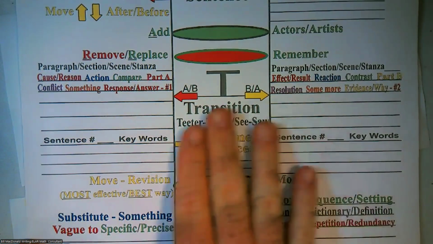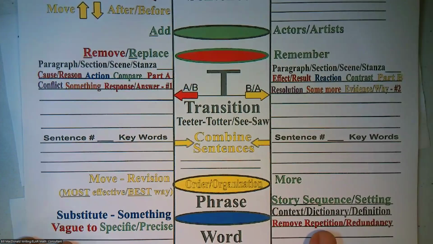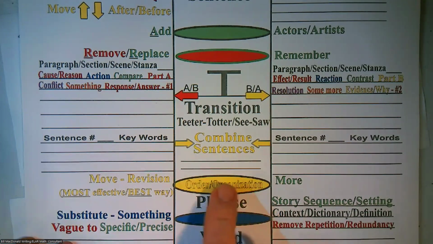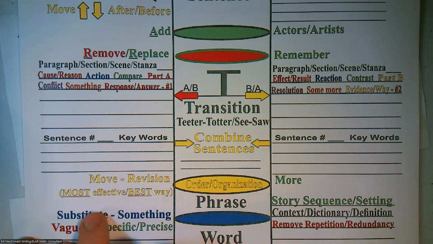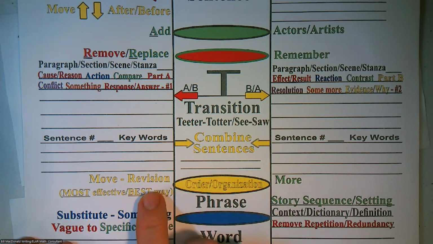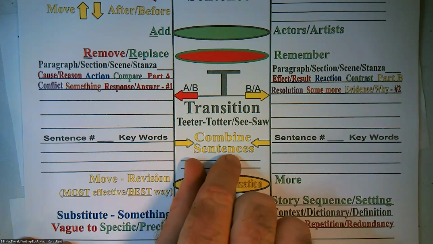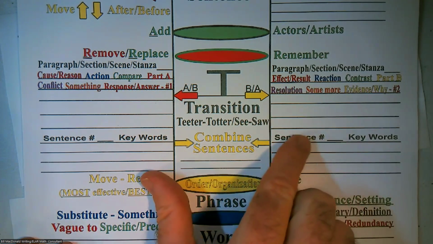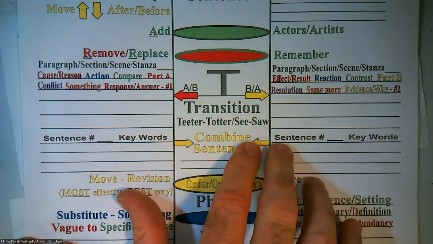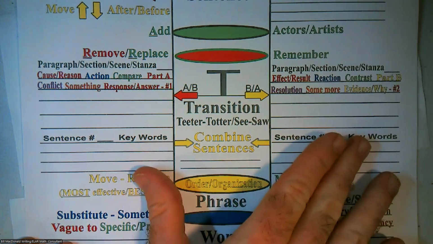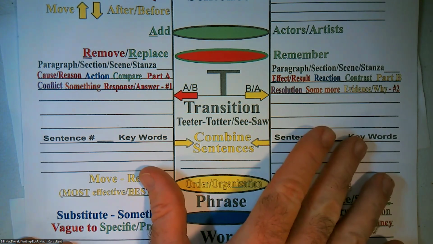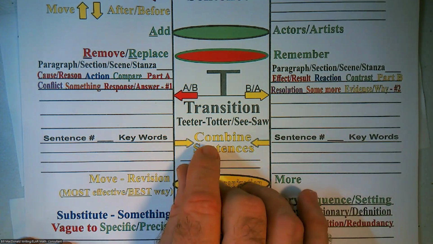And all of the questions will be in either this format, removing repetition, changing the order or the organization of words to improve the content because it's more effective or the most effective, a better way or the best way, or to combine sentences. And combining is yellow because we're not adding or removing content, we're just changing the order of the words. So in combining, I sing a little song called Come Together Right Now.